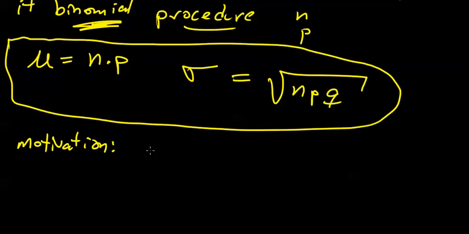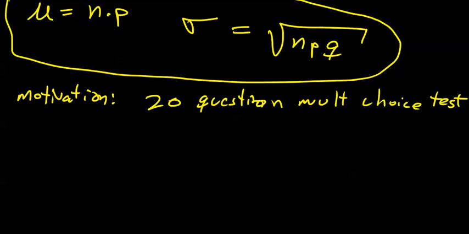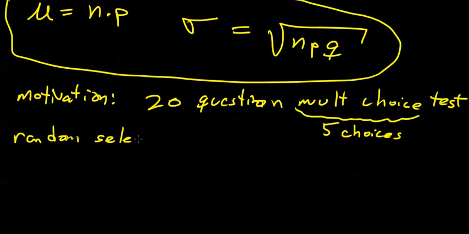Let's say you've got a 20 question multiple choice test. All right. Let's say in this multiple choice test you've got 5 choices for each of the 20 questions. I'll say random selections are made on each question.